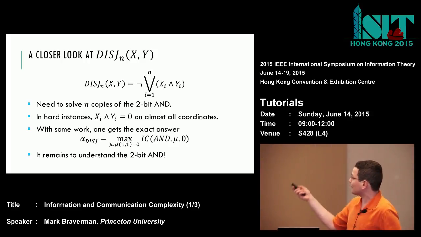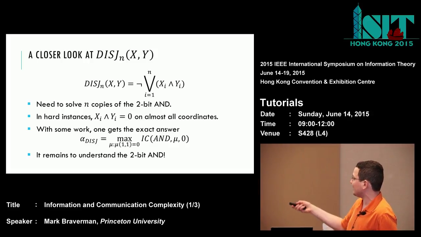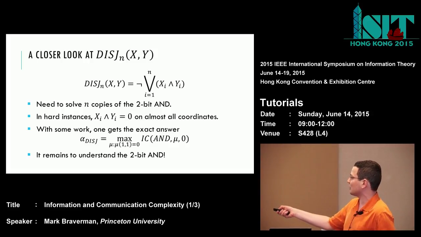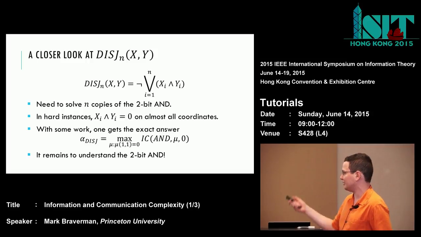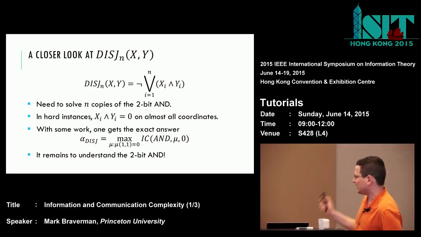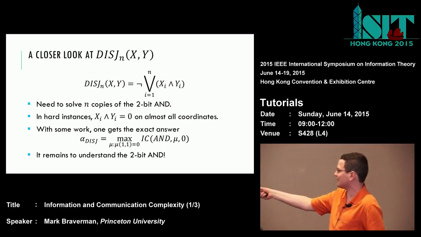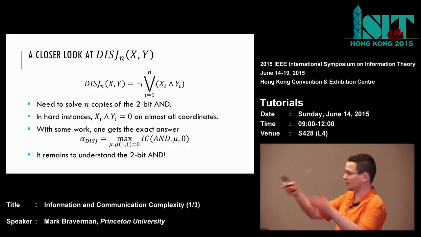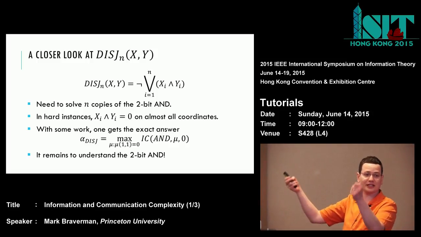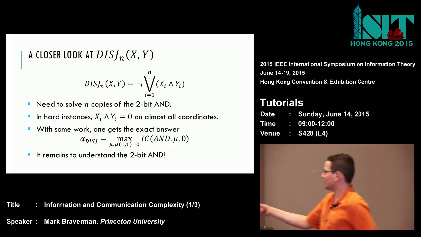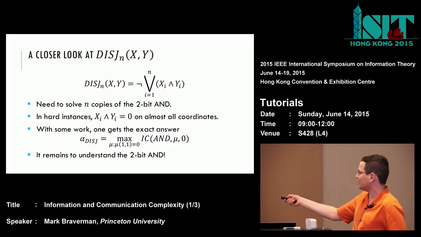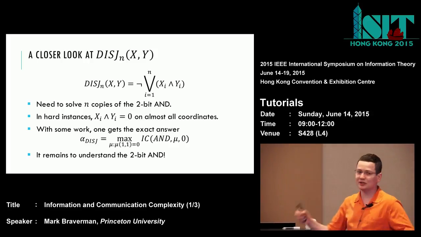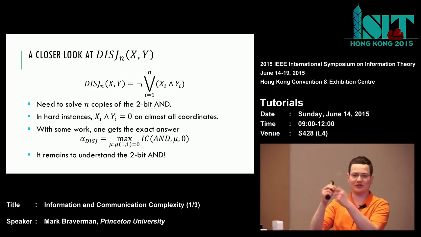And what it translates to is solving a bunch of ANDs on prior distributions where there is very little weight on the 1,1 entry. And with some work, you get this exact statement. So the constant for the disjointness function, because there are n copies of them, is the information complexity of AND taken on priors where there is no mass on the 1,1 entry, or very little mass.